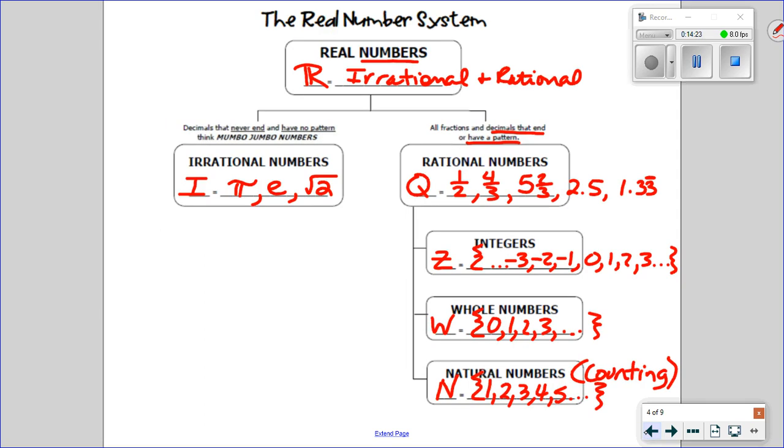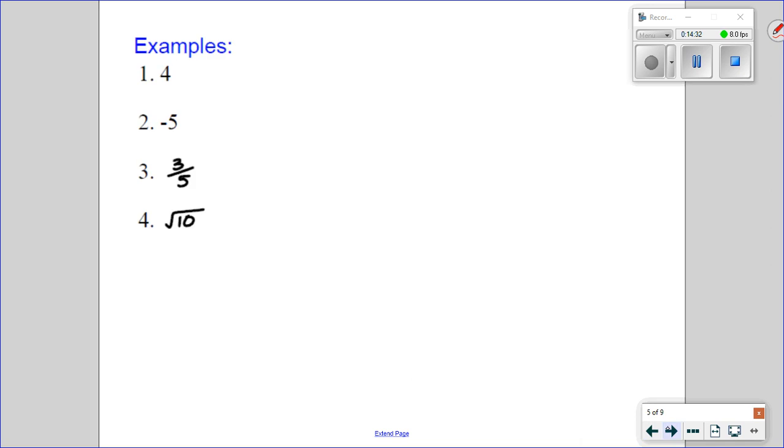It's also a whole number. It's also an integer. It's a rational number, and of course, it's a real number, because all of these are real numbers, unless it's imaginary. So we would want to list all of those subsets. It's a natural number, a whole number, an integer, a rational number, and a real number.